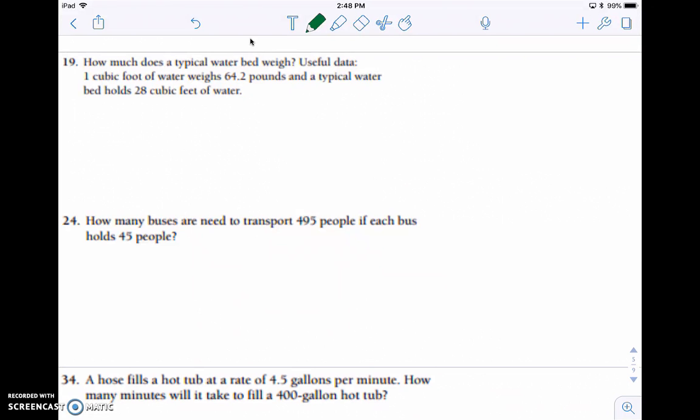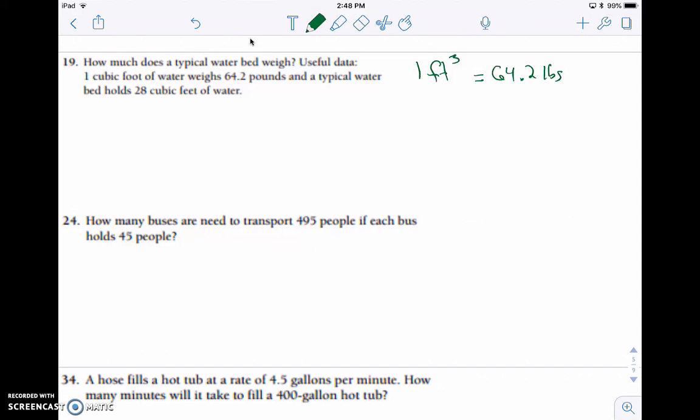Okay, we want to look at how much a typical waterbed weighs, and here's some useful data. We know that 1 cubic foot of water weighs 64.2 pounds, so this means that 1 cubic foot, or foot cubed, of water is 64.2 pounds.